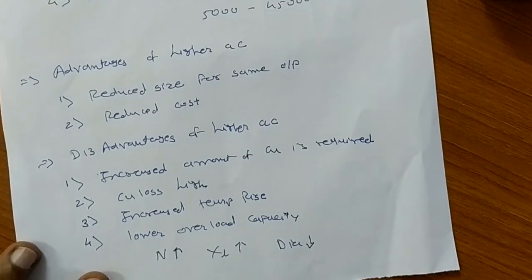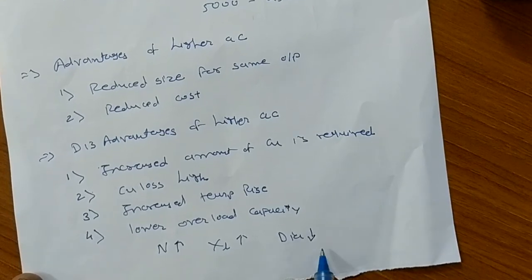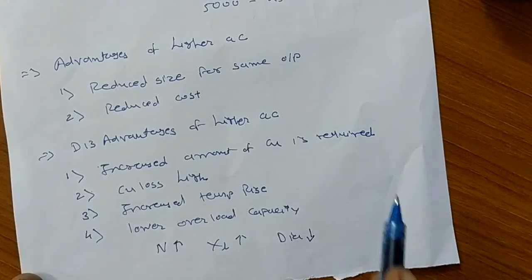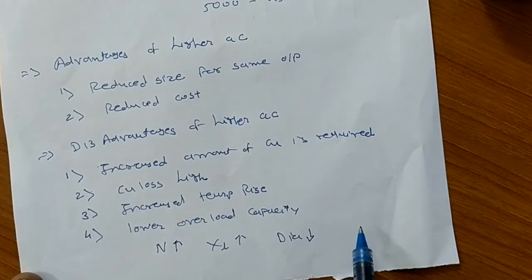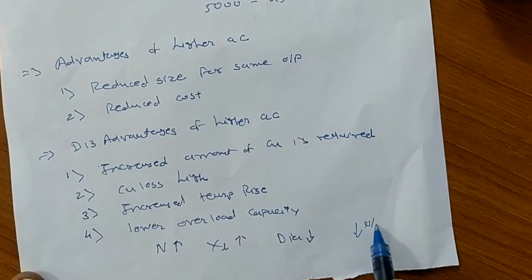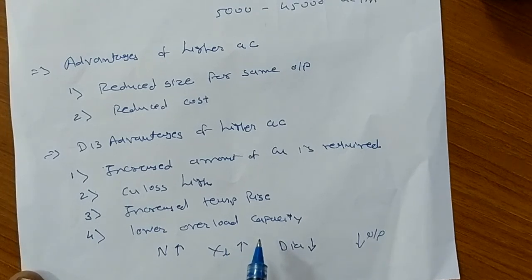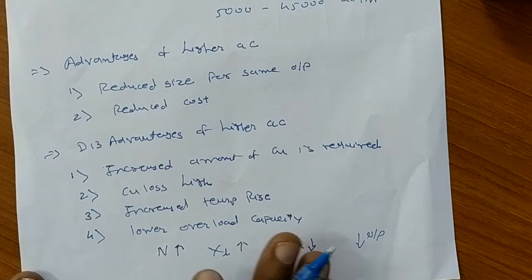If the diameter of the circle diagram is less, then the maximum output that the motor is giving is also going to reduce. So if output is less, we can say that the motor is not able to handle the overload conditions. So this is the thing with selection of ampere conductor.